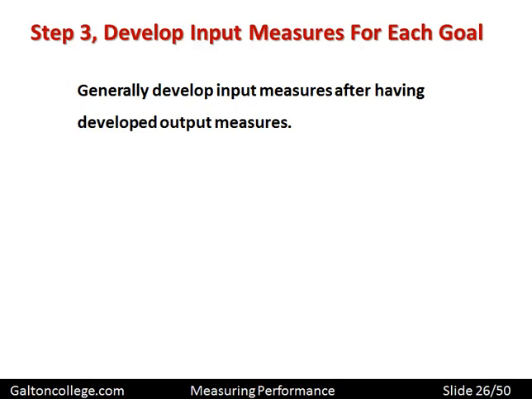We need to know where we're going before we can look at the input measures. We need to know what the objectives of the business are. We need to know the direction it wants to move in. If we don't know that, there's no point in developing input measures. Inputs, in a sense, are determined by the output requirements.